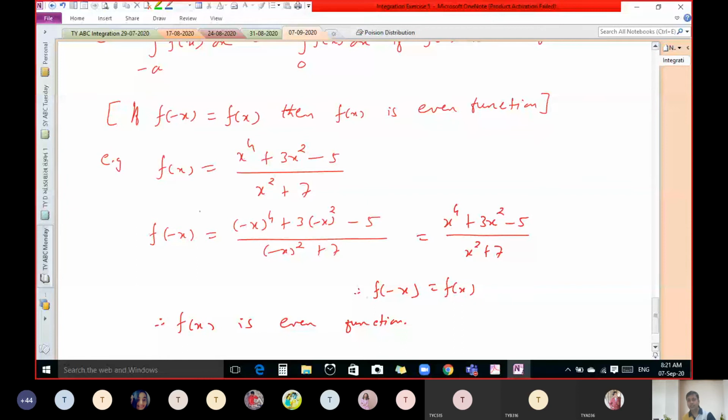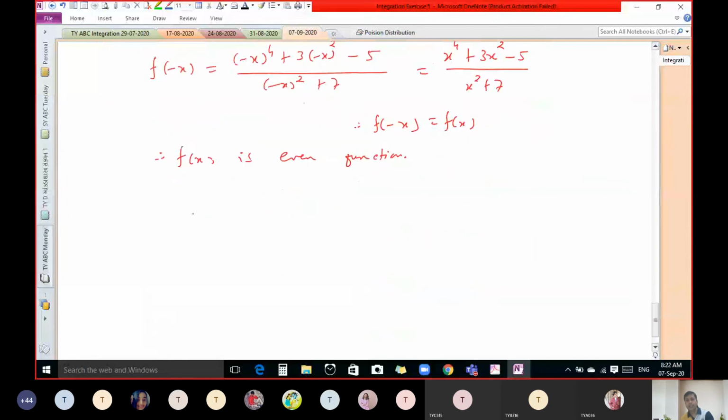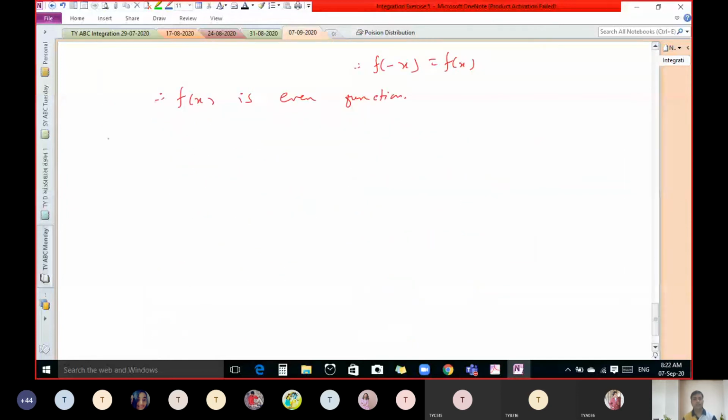And in that case, you can write the answer as 2 times, like this is the question, integration from -5 to +5 of (x^2 + 51) dx.